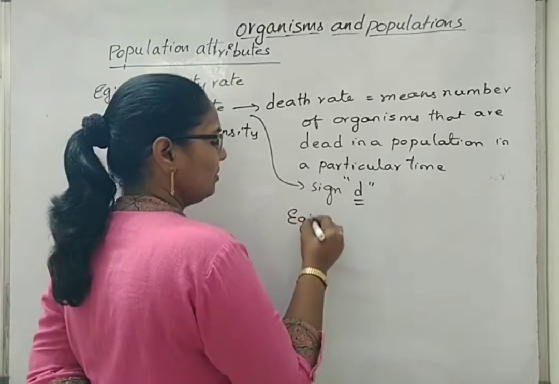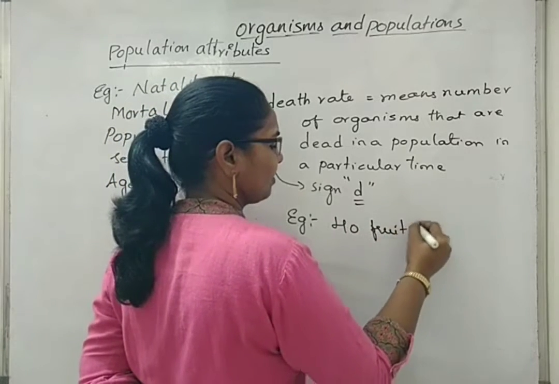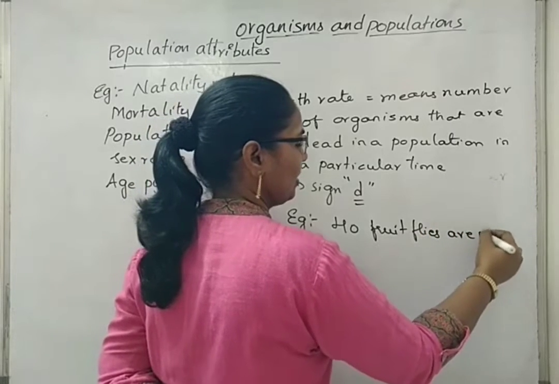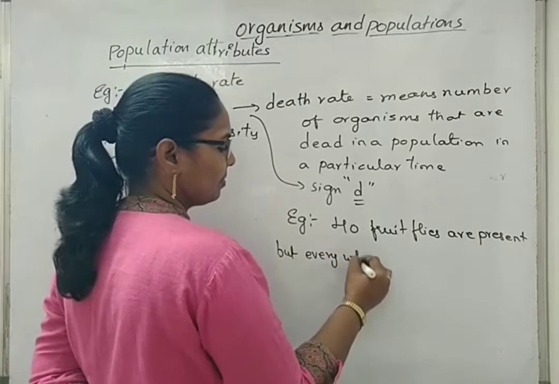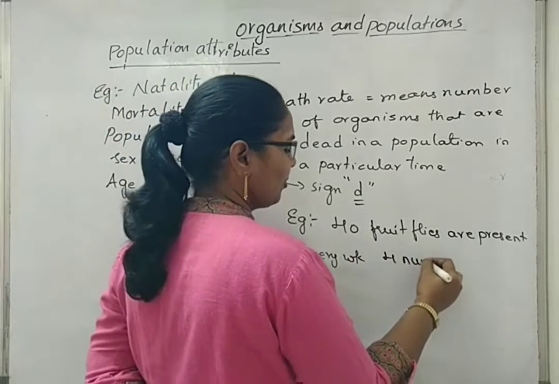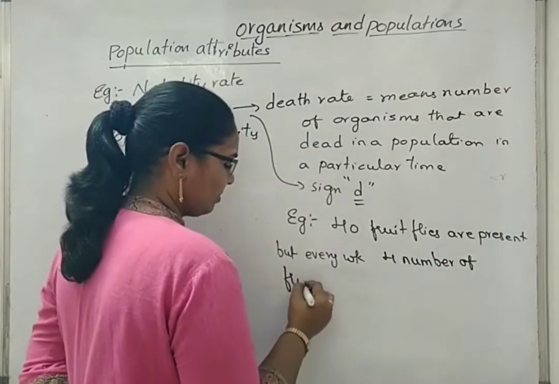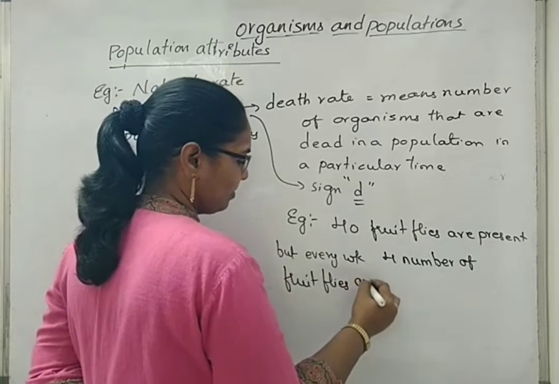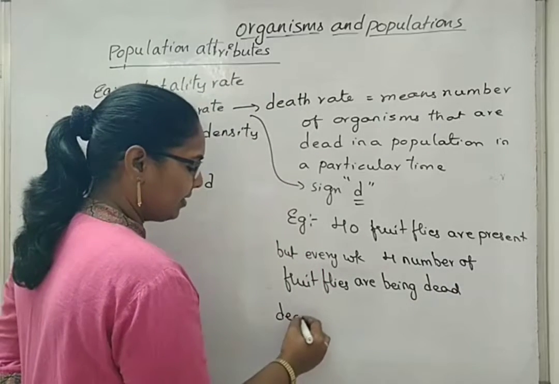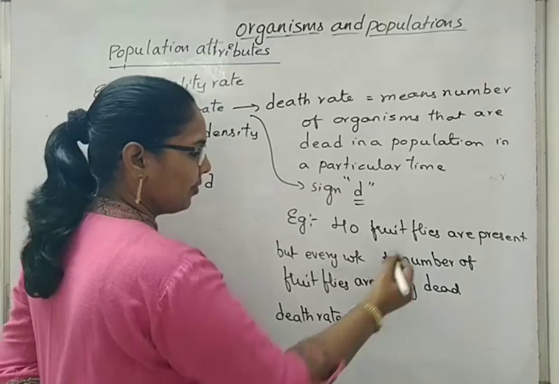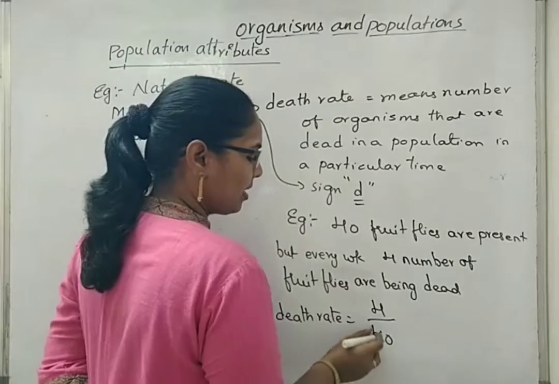If we take an example, let's take 40 fruit flies present, but every week 4 fruit flies die. If the question is what is the death rate, we write the number of organisms that are dead every week divided by the total number of organisms.